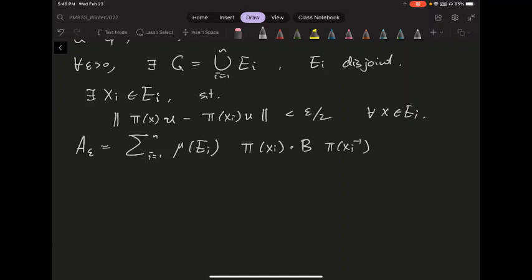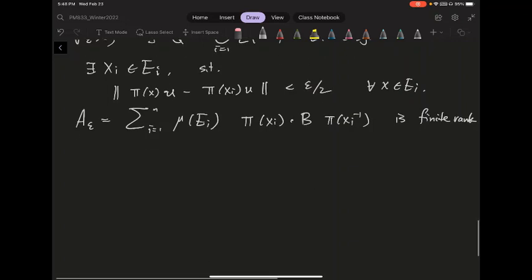This is clearly a finite rank operator: B is a rank 1 operator, conjugating it gives something still rank 1, then you multiply by a scalar and take a finite sum. So this is finite rank because it's just a linear combination of one-dimensional projections.